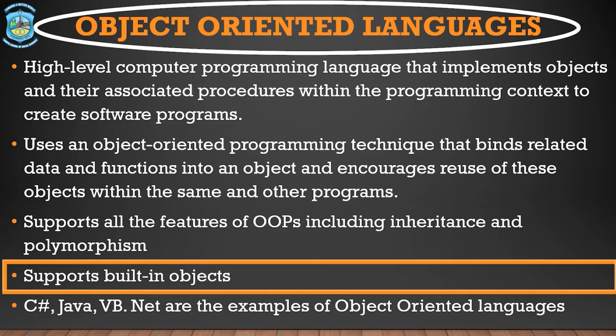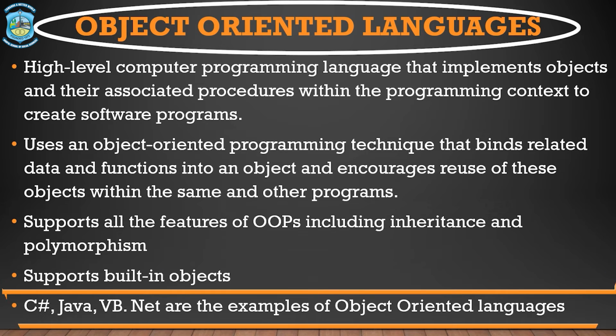The next thing is about built-in objects. The object-oriented programming languages support a lot of built-in objects so that you can use the utility of built-in objects to create your own classes and make programming available in such a manner that these objects are being used for meeting the goals.